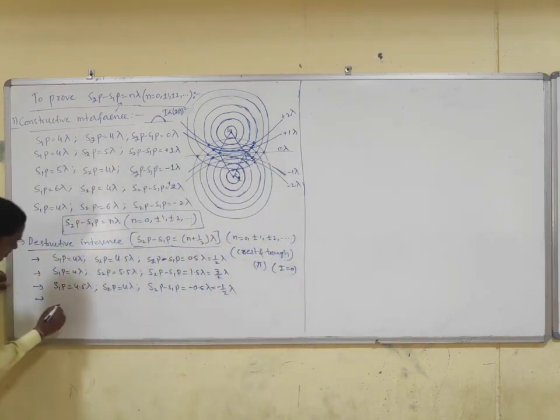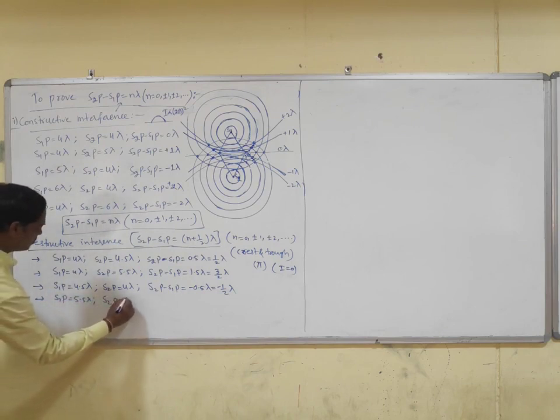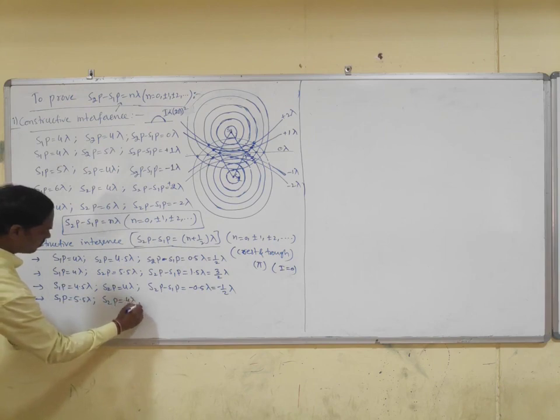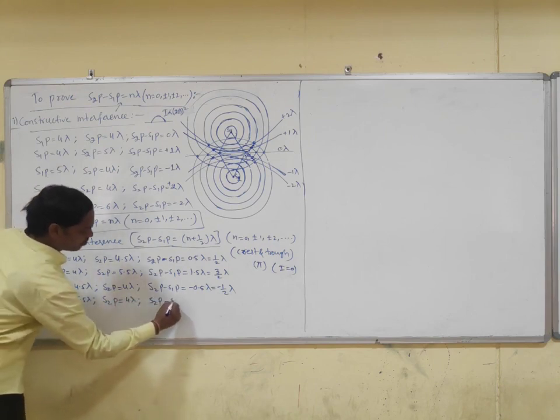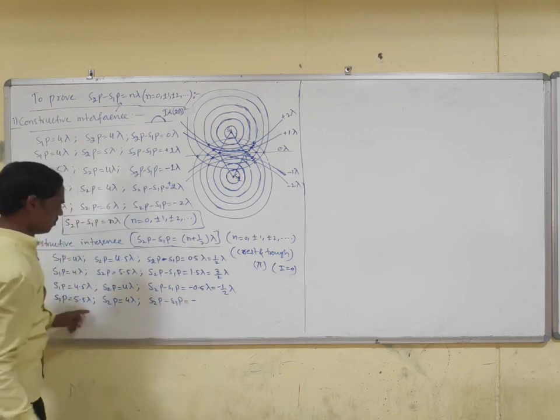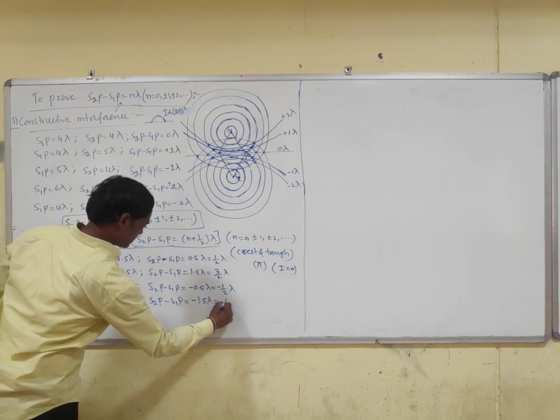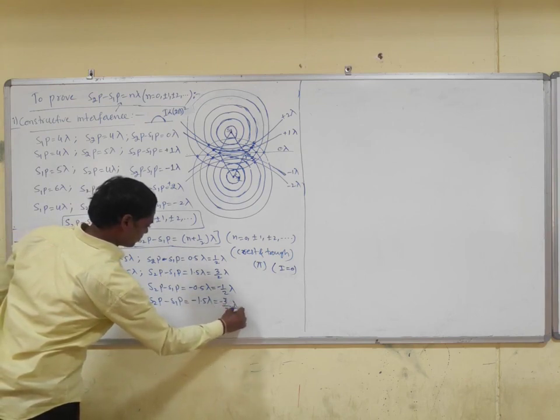Okay. So S1P is equal to 5.5 lambda. S2P is equal to 4 lambda. So S2P minus S1P is equal to minus 1.5 lambda, minus 3/2 lambda.